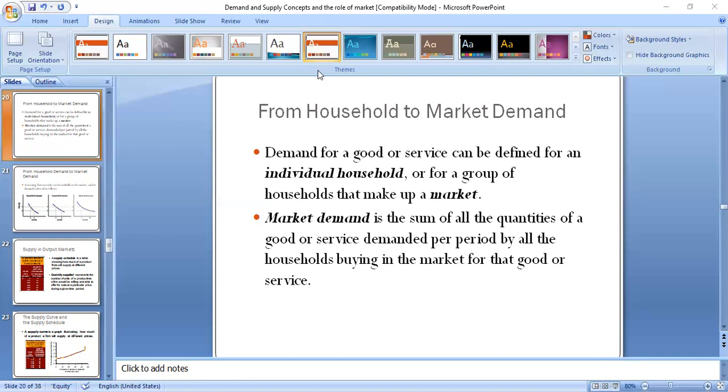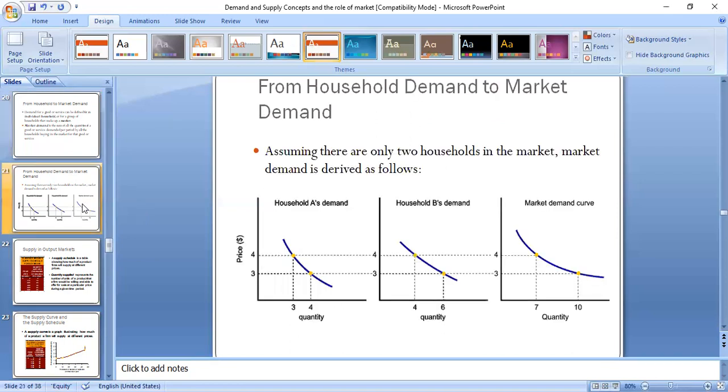It's like people taking orders, people entering into a restaurant, and all of them are ordering the same type of food. So we shall add the total amount of food that all of them have ordered. If they have all ordered 10 kilos of food, then that will be the total. Of course, we are looking at it in an aggregated form, right? At market level, where we are aggregating individual demands.